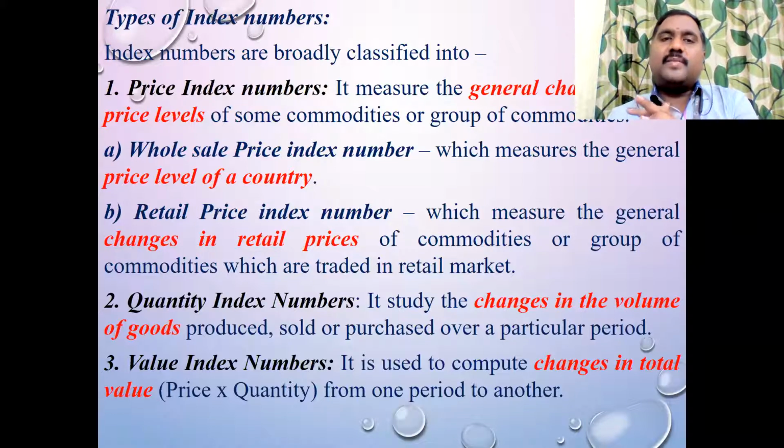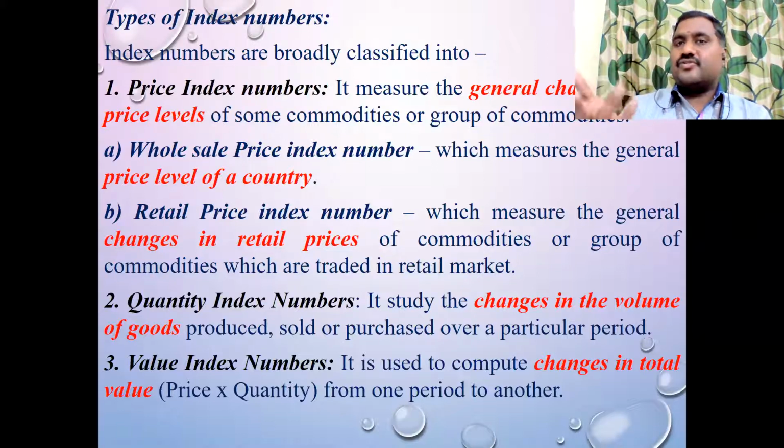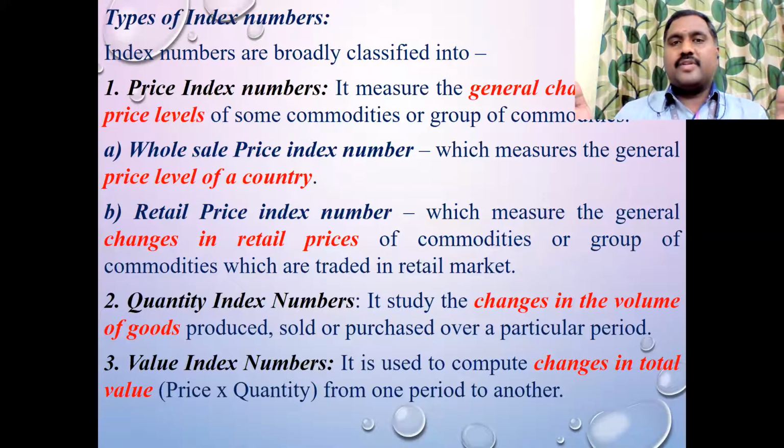What is the price of the Nandini milk half liter? If you see the packet, it will show 19 rupees. So if you get the Nandini milk half liter packet from the wholesaler distributor, they distribute the milk in bulk quantity. So when you are getting a half liter Nandini milk from the particular wholesaler, you can get the milk for the same price which is mentioned on the packet, 19 rupees.